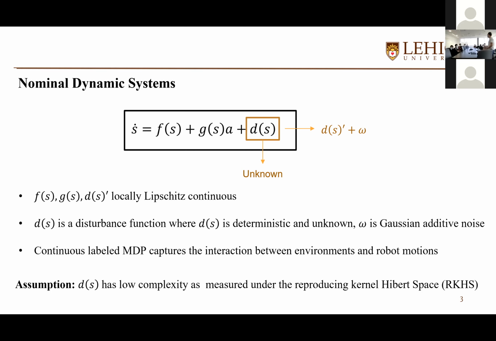Just a new name. Okay, sorry, thanks. And D prime (s) is unknown. So we can model the interaction between the dynamic system and the environment as a continuous labeled Markov diffusion process. We assume that D prime (s) has low complexity, which can be measured with the reproducing kernel Hilbert space.